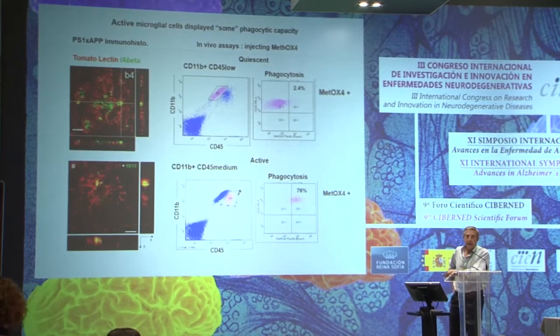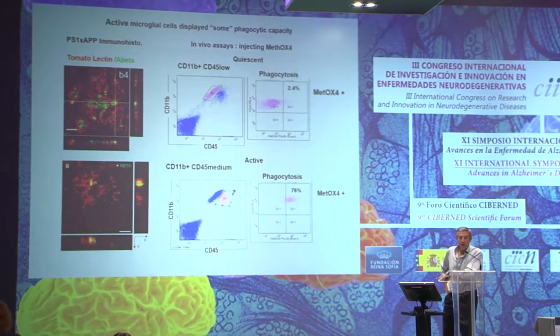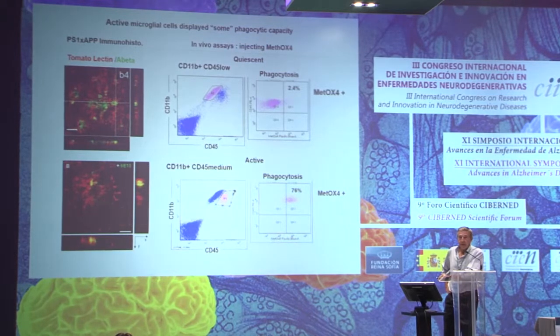These active microglial cells present some phagocytic capacity. This phagocytic capacity for A-beta can be observed even by confocal immunohistochemistry or in vivo assays by injecting methoxy-X04 in vivo.